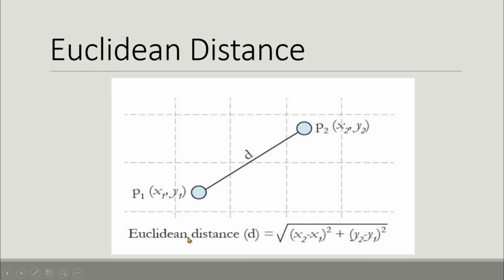So the Euclidean distance between P1 and P2 is the square root of (x2 minus x1) whole square, which is the difference of x1 and x2, plus (y2 minus y1) whole square, which is the difference of y2 and y1.